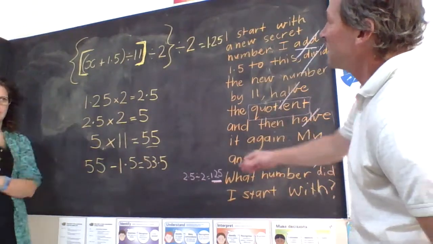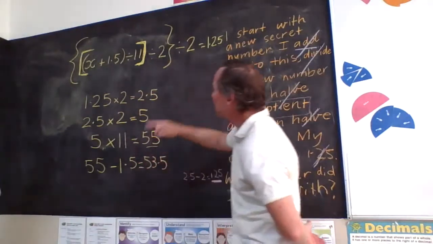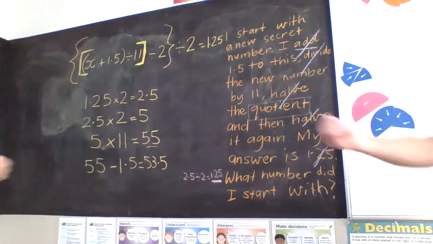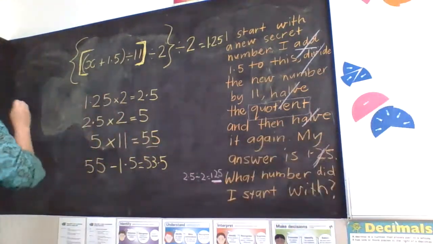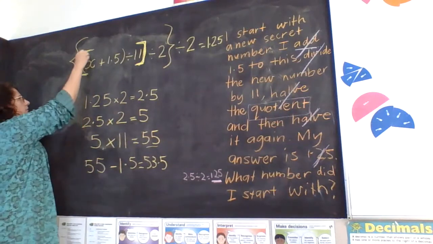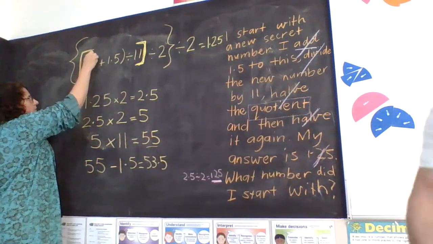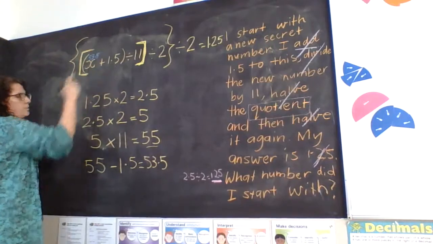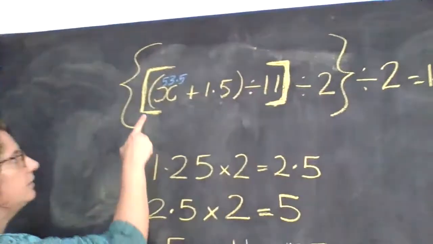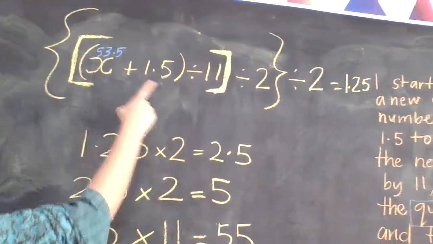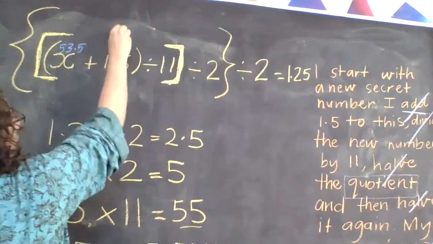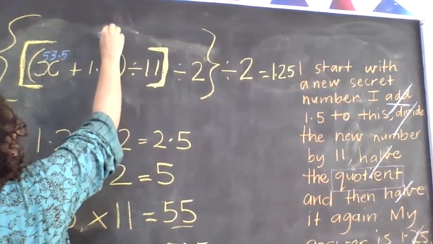However, let's replace x with that just to see if it works. So we start off in the first bracket. We said 53.5. Add 1.5 makes 55.